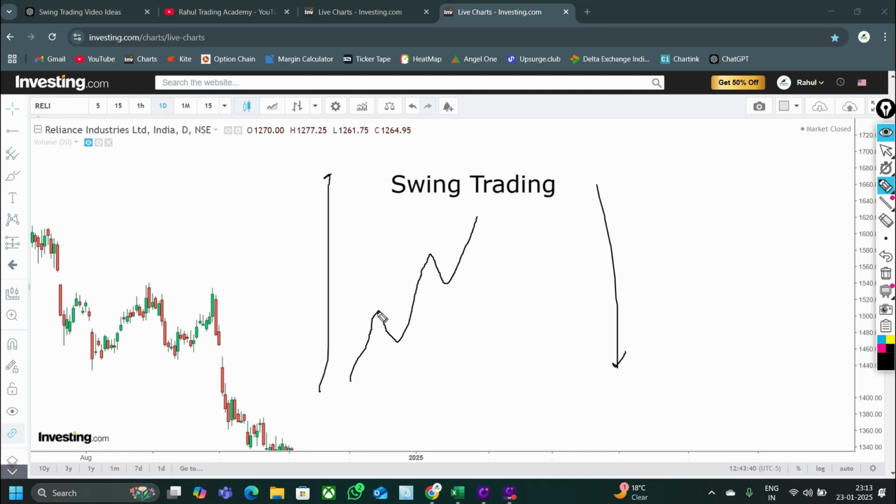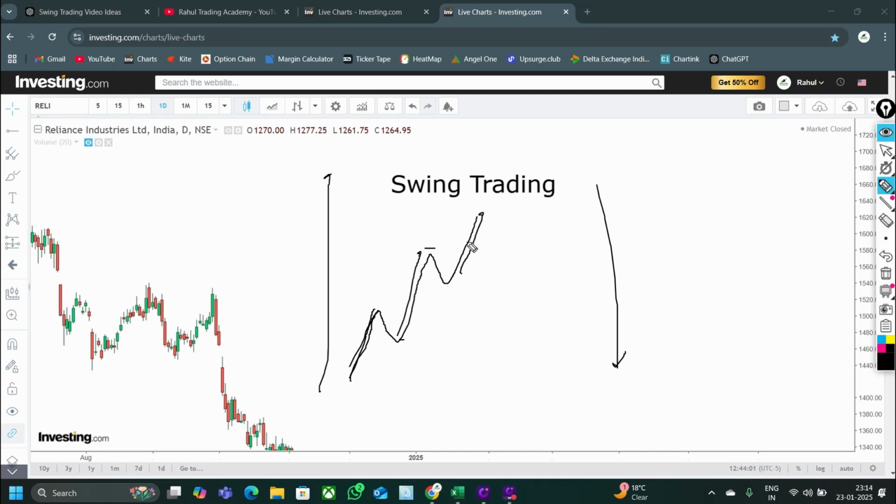So we have to capture these swings. This is a swing, this is a swing. If we buy here and sell here, then we can take profit. We have to capture these things. That's why it's called swing trading.